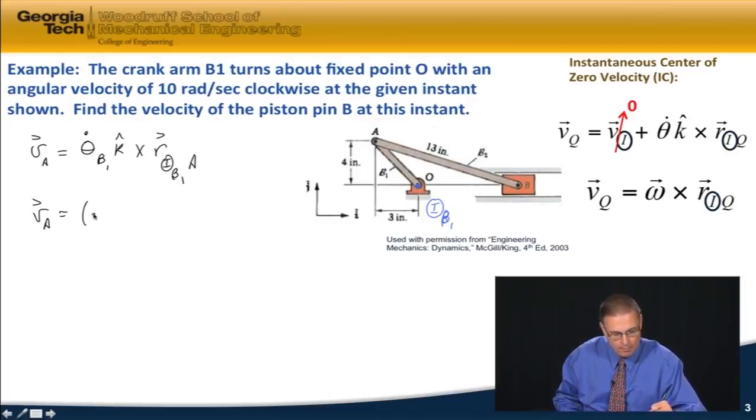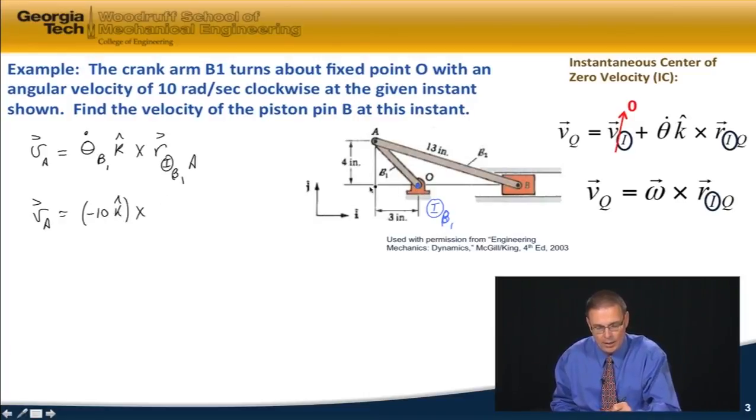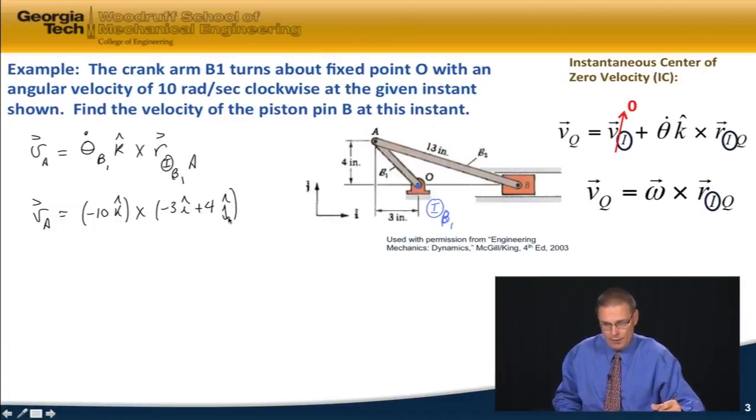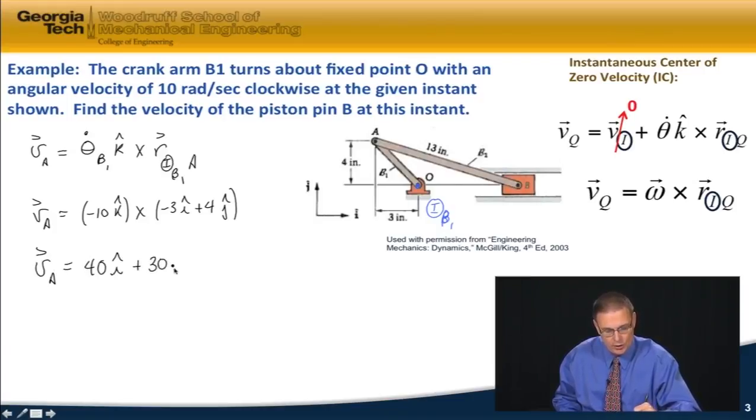So I've got minus 10 K crossed with minus 3 in the I direction, plus 4 in the J direction. And I get the velocity of A is equal to 40I plus 30J inches per second.